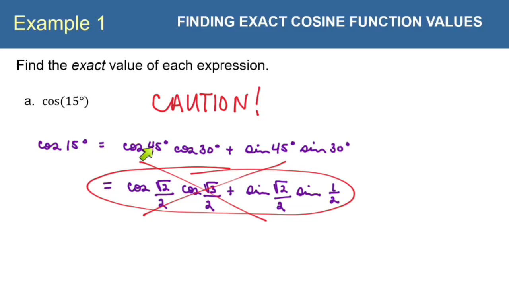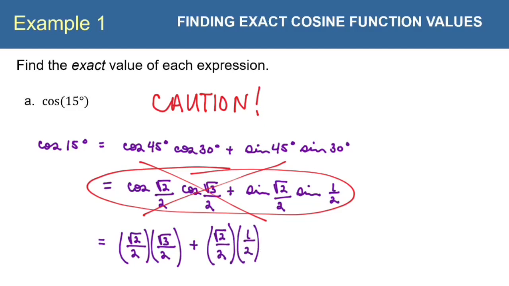The cosine of 45 degrees is square root of 2 over 2, period. And the cosine of 30 degrees is square root of 3 over 2. And then you know the rest. But think about the difference here and avoid this mistake. Do not make this mistake. When you substitute your known values in place of each function, that value replaces the entire function, not just the angle.